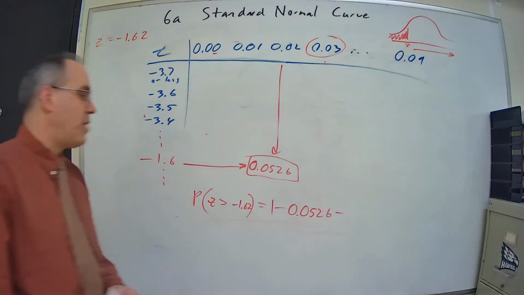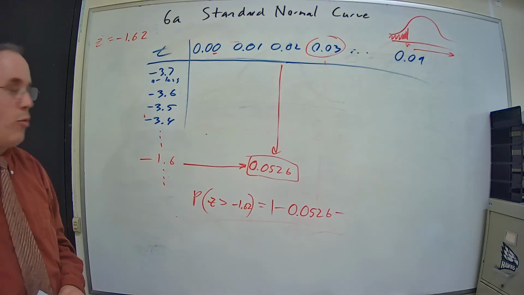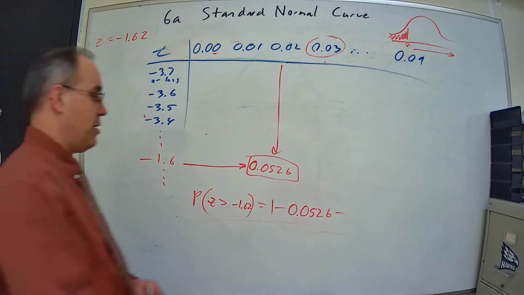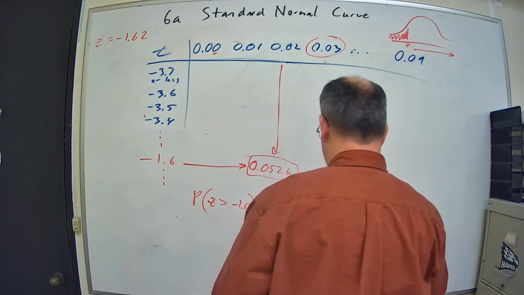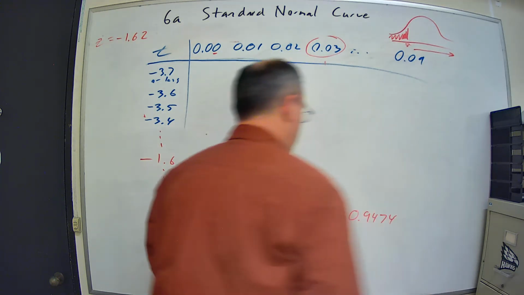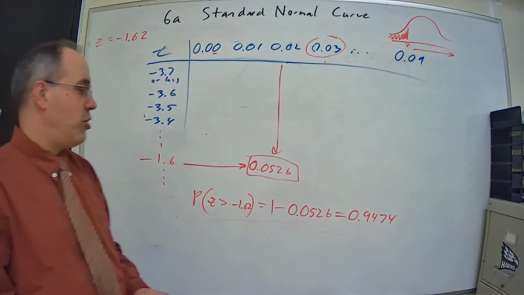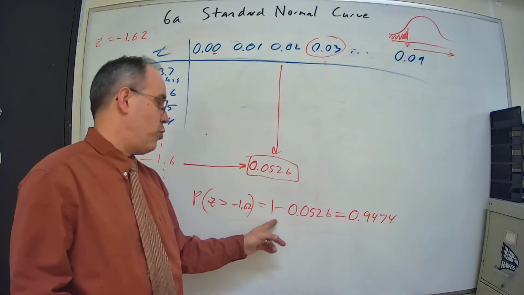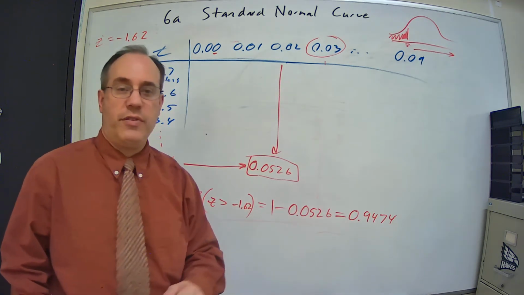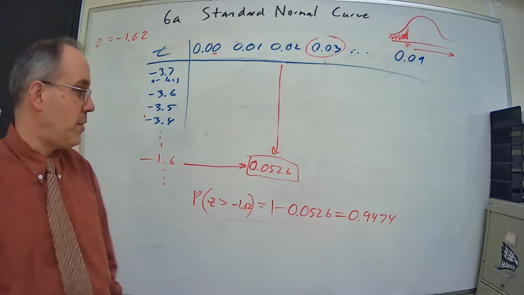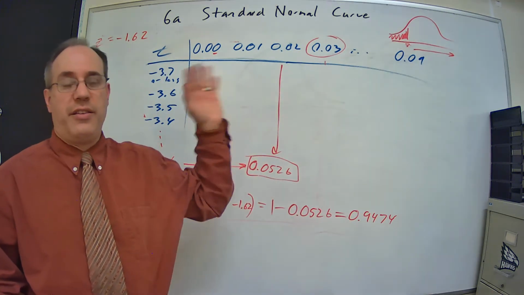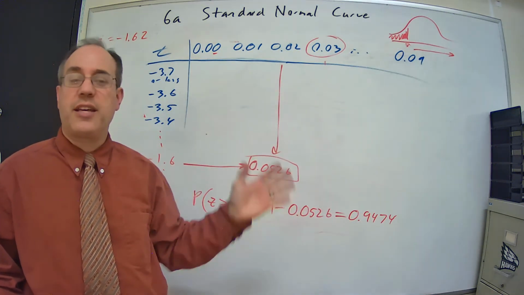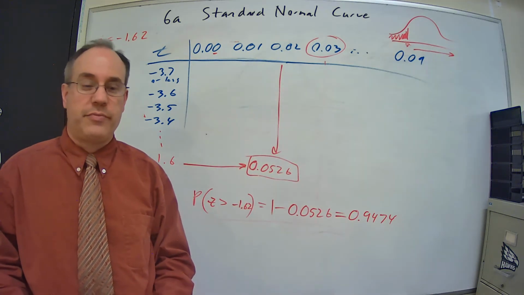And if I subtract 0.0526 from 1, then I get 0.9474. So just 1 minus 0.0526. So we can find the probability that it's going to be on the right-hand side, that it's going to be greater than that.